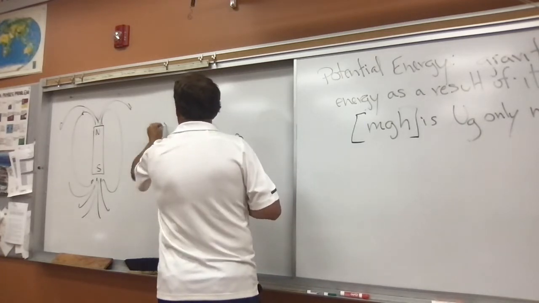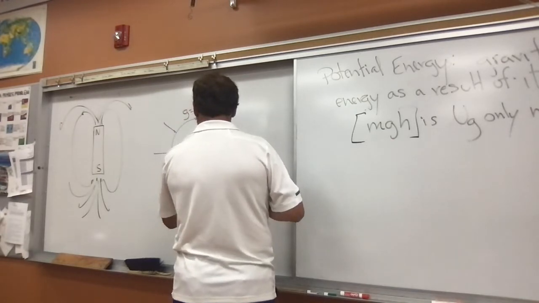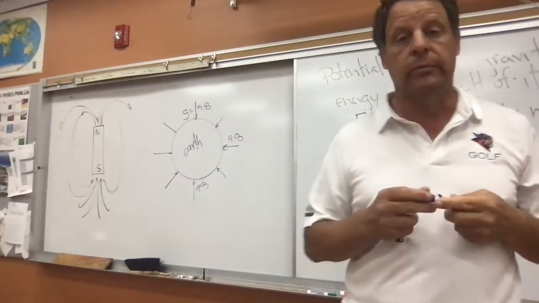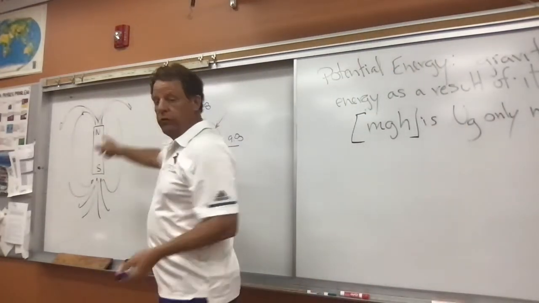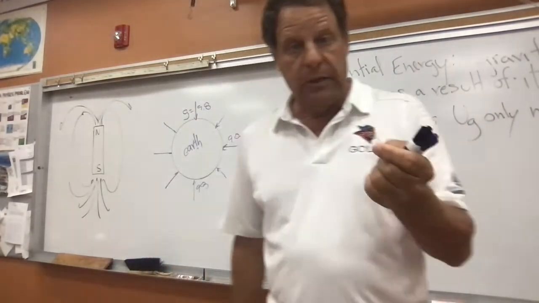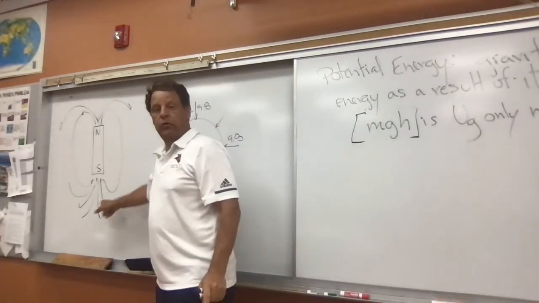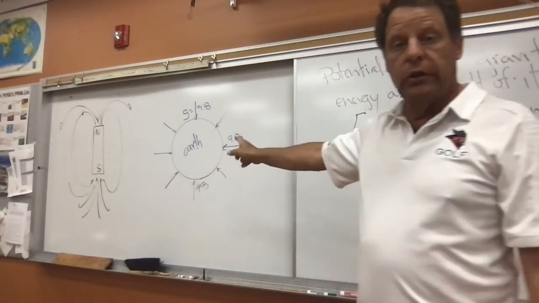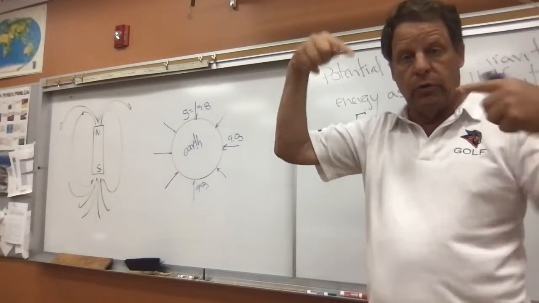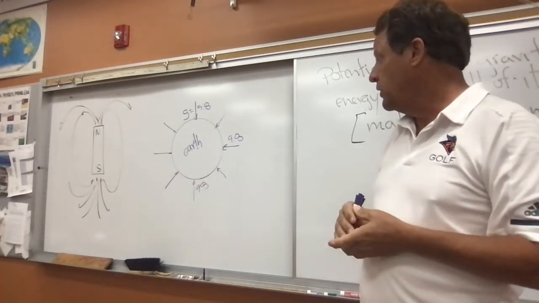In fact, anywhere on the surface of the Earth, it's going to be 9.8. Because gravity is only attractive, we're not getting those weird shapes. The gravitational field around a sphere is always going to be pointing towards the center.